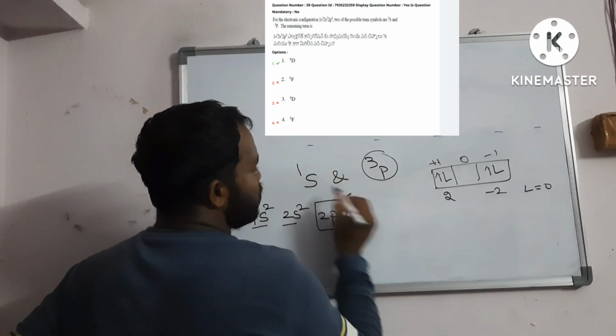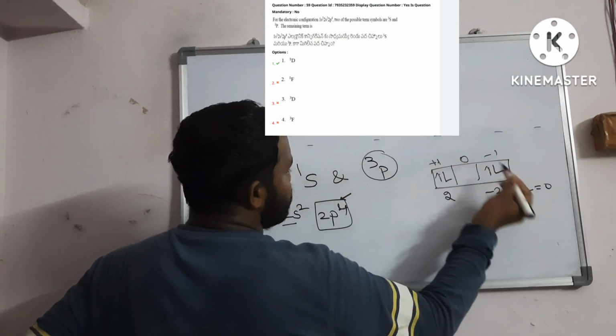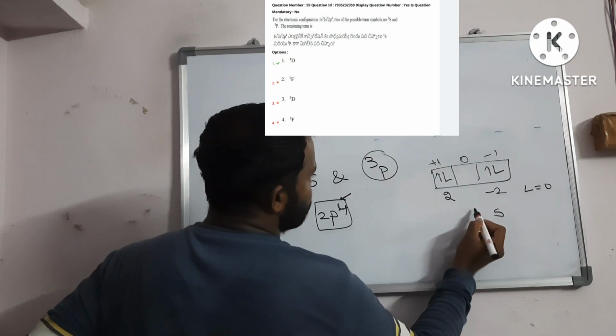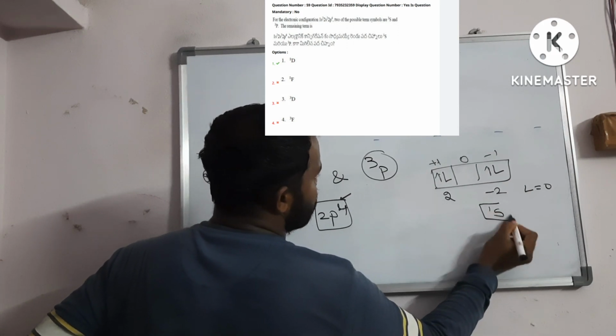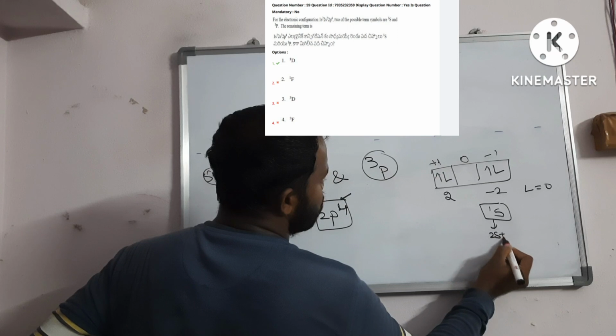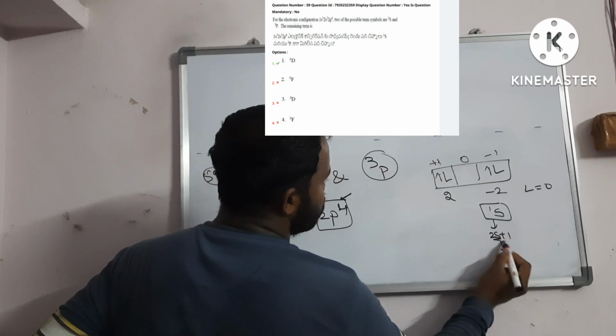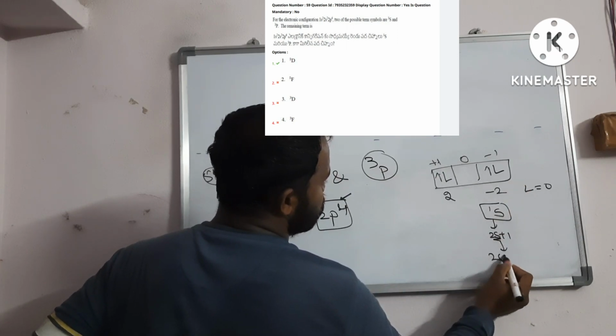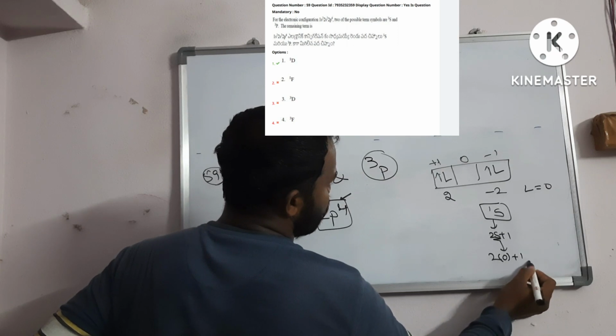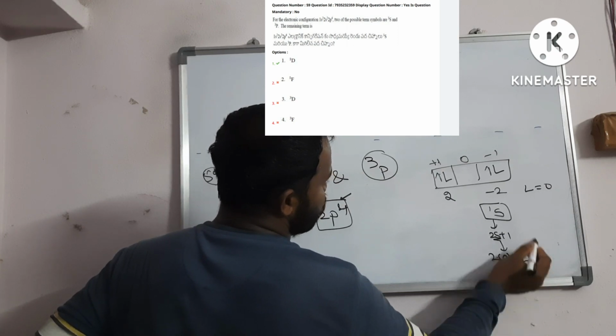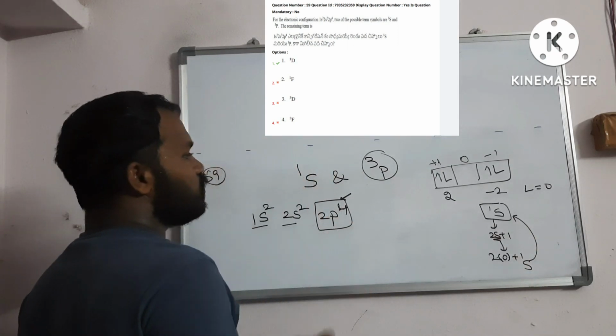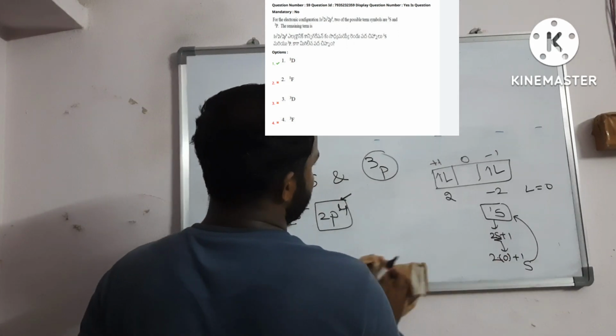L equal to 0 means S term. There are no unpaired electrons, so you should write 2S plus 1, where S value is 0: 2 into 0 plus 1 is 1. That is singlet S. 2 terms are finished.